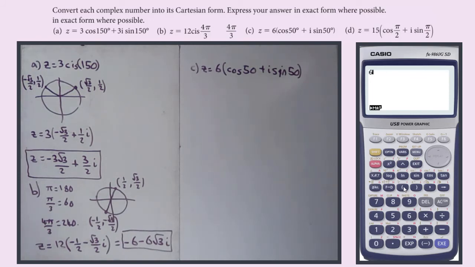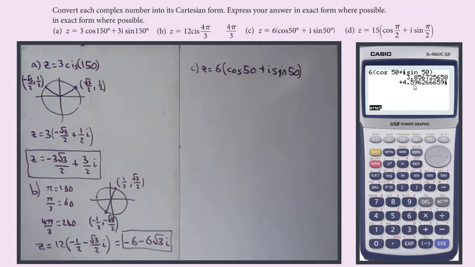So if I just press 6 cos 50 plus i sine 50, close the bracket, and it should just give me an answer. So I'm going to round that to 3 significant figures.